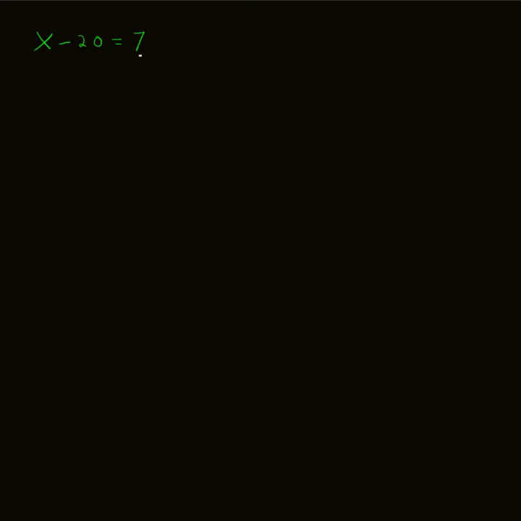So all I would do here is use the additive property of equality. I would add 20 to both sides, because I want to get x on its own. So what would that leave me with? I would get x equals, this would be 0, so I wouldn't have to worry about this anymore, and it would be 27. Okay? So that would be an example of using the additive property of equivalence to solve an equation.